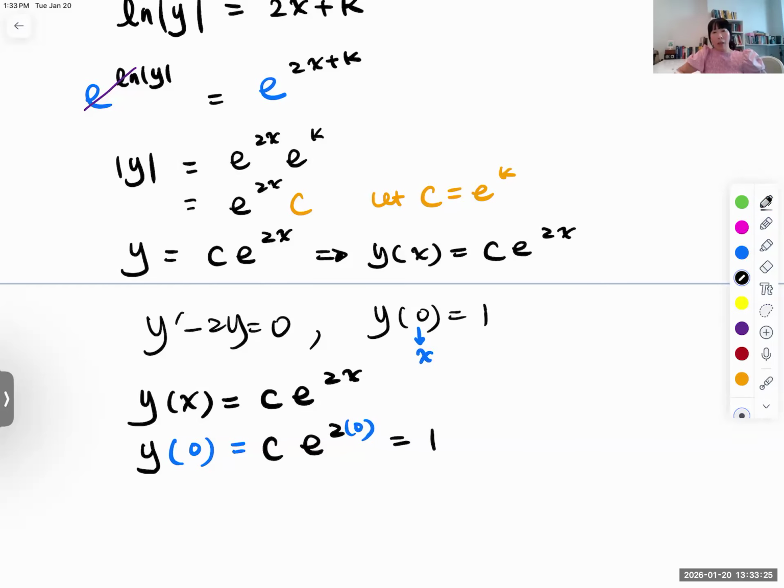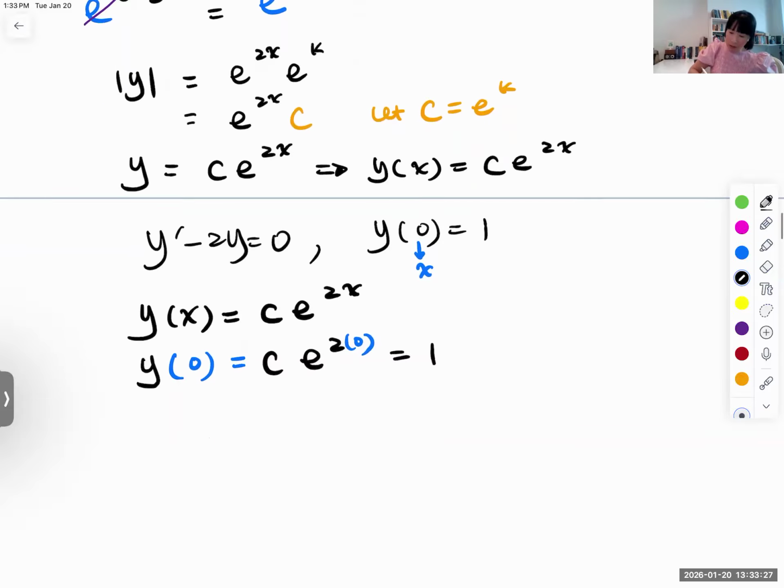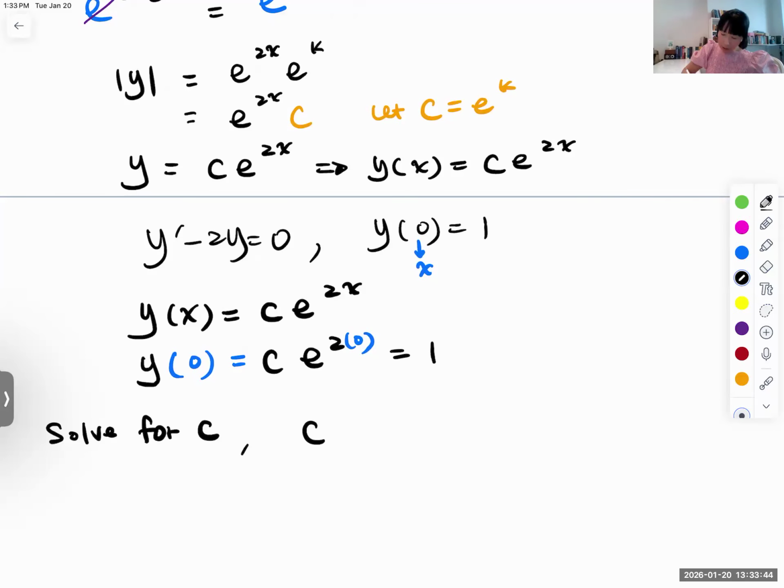Okay, and so for c, all right, then we have e to the 0 power, which is 1, right? So c and 1 equal to 1, right? C equal to 1. Make sense?